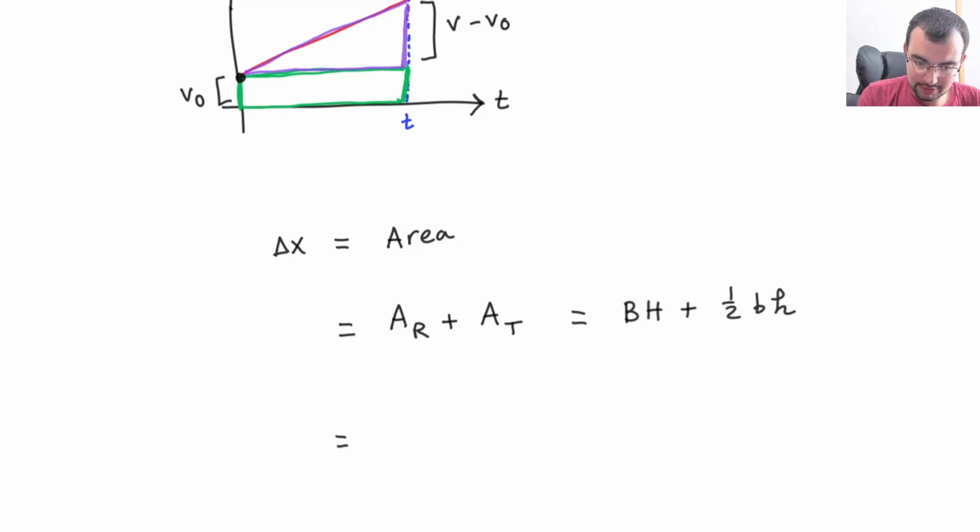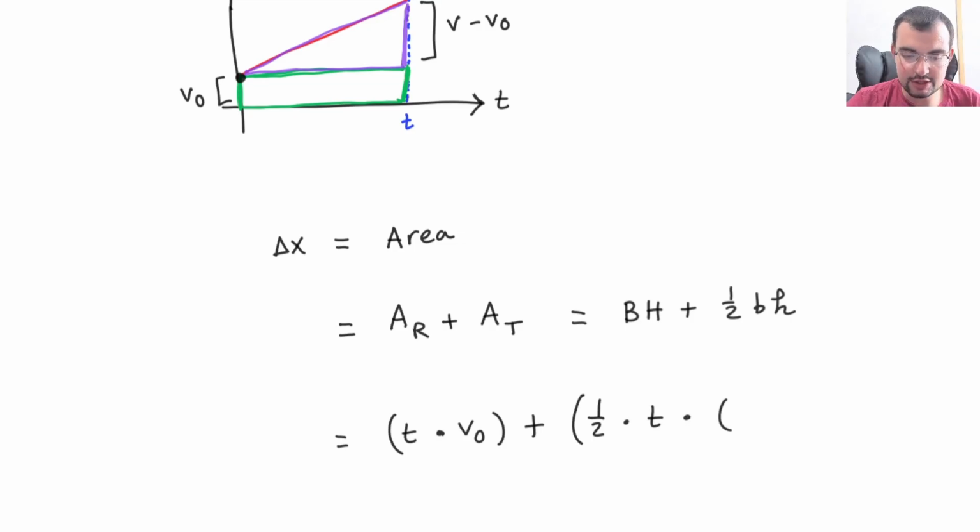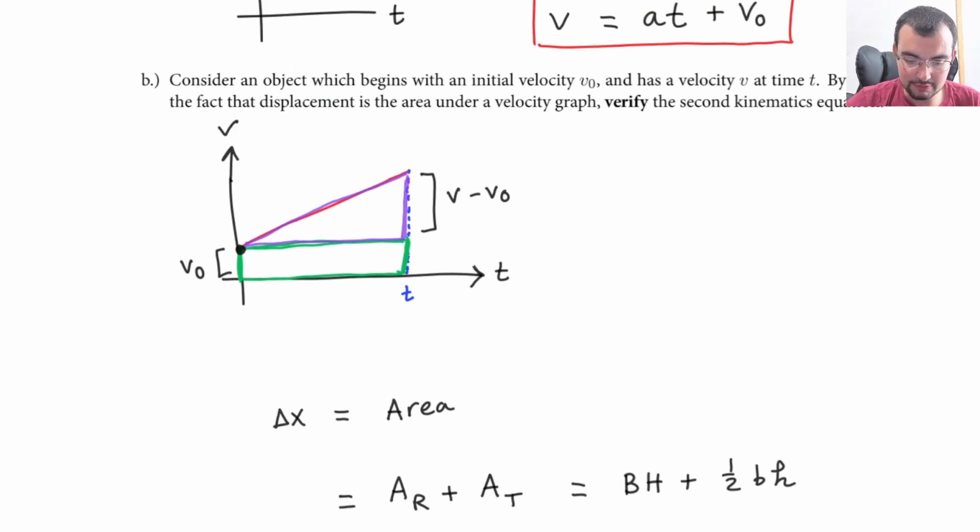So for the rectangle, the base of the rectangle is t, and the height of the rectangle is v0. And for the triangle, the base of the triangle is also t, and then the height is just the difference between v and v0. We're just doing segment addition here, right?